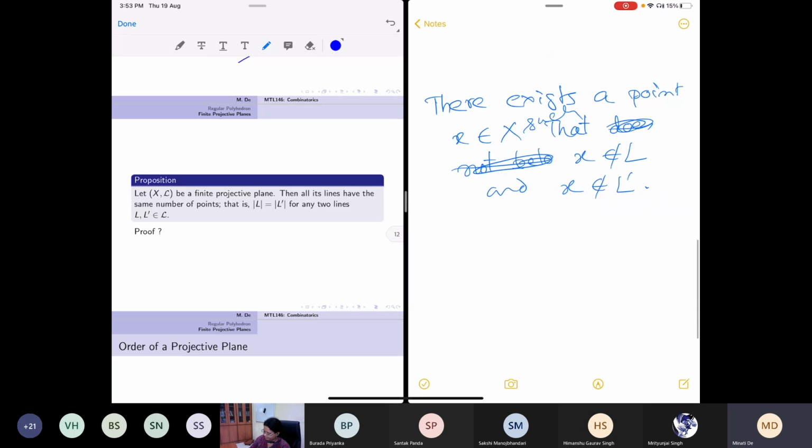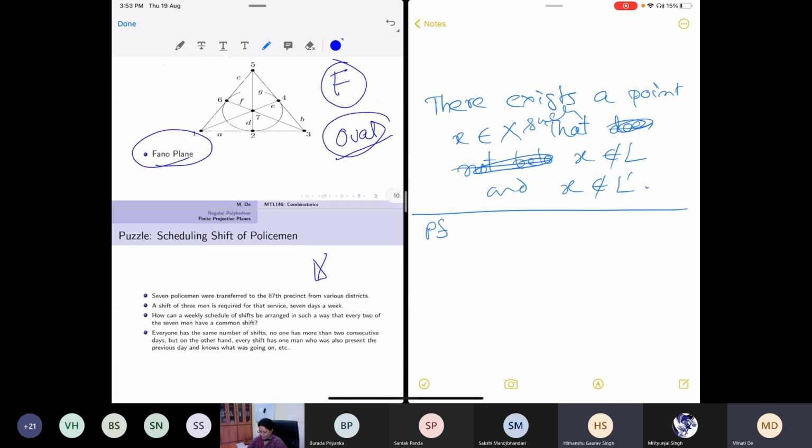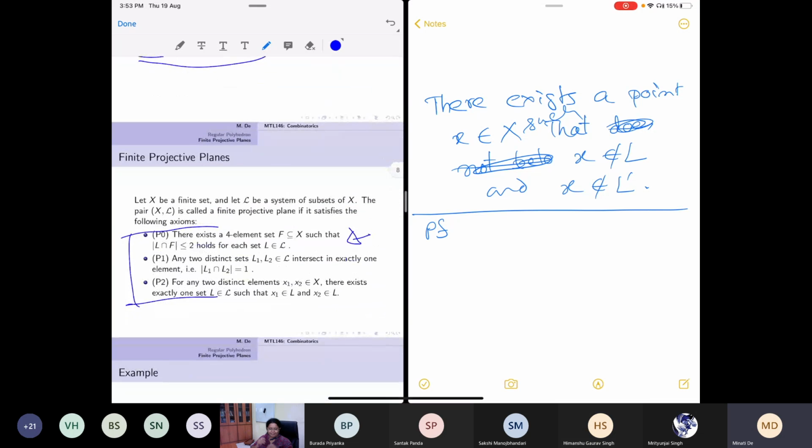Can you prove such a statement? It directly comes from the definition, I guess. I don't want a guess. That's the hint, of course, but you need to give some proof. So how will you prove such a statement?